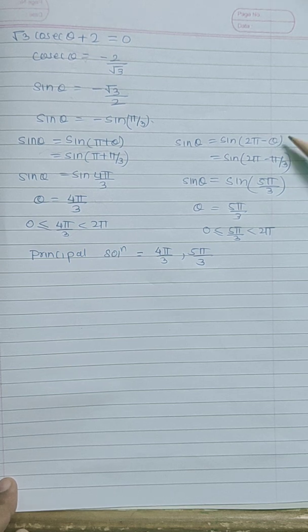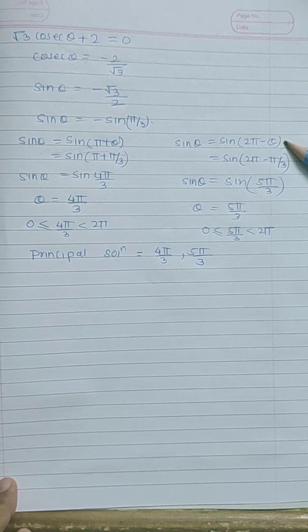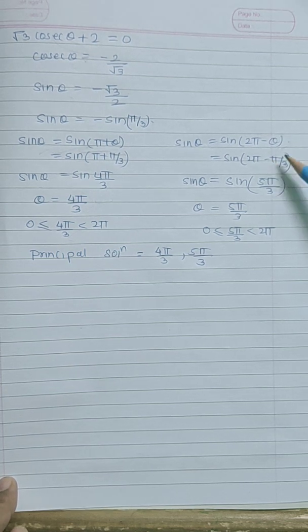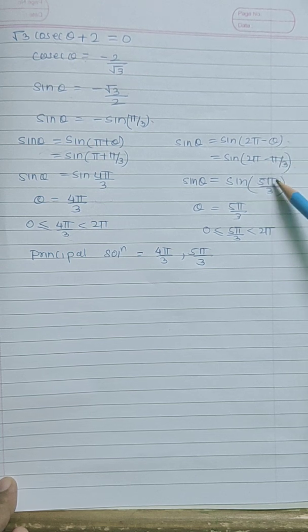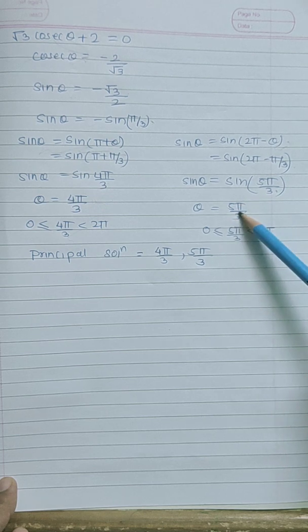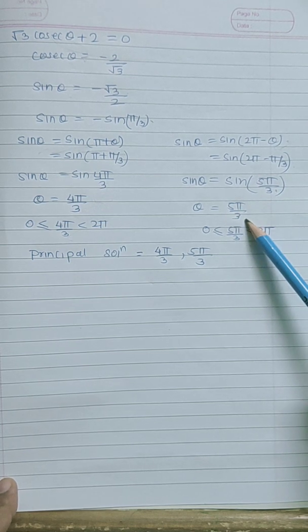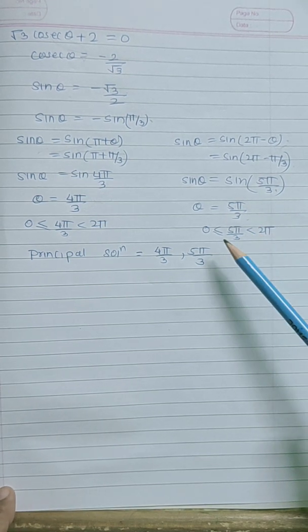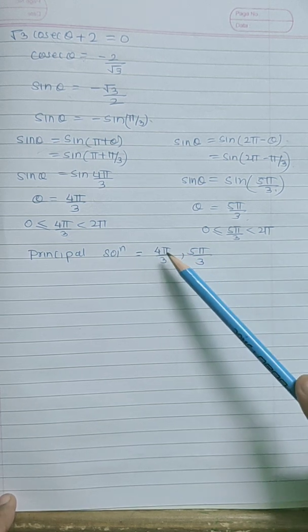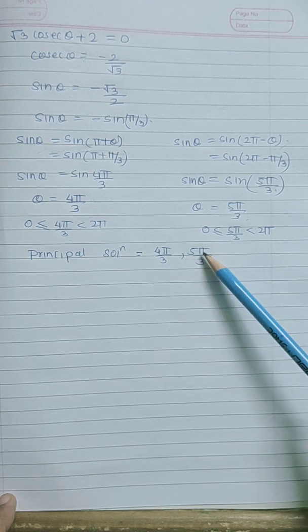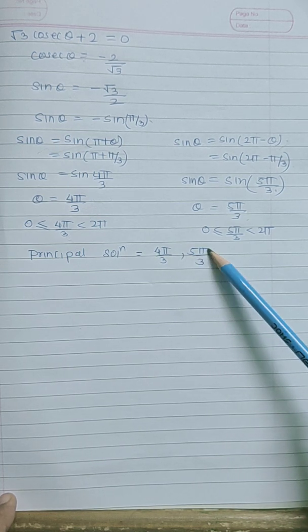Sin of 2 pi minus theta. In the fourth quadrant sine is negative. So what is our theta? 2 pi minus pi by 3. So 6 pi minus pi, 5 pi by 3. Therefore theta is equal to 5 pi by 3, which lies between 0 and 2 pi. So the principal solutions are 4 pi by 3 and 5 pi by 3.